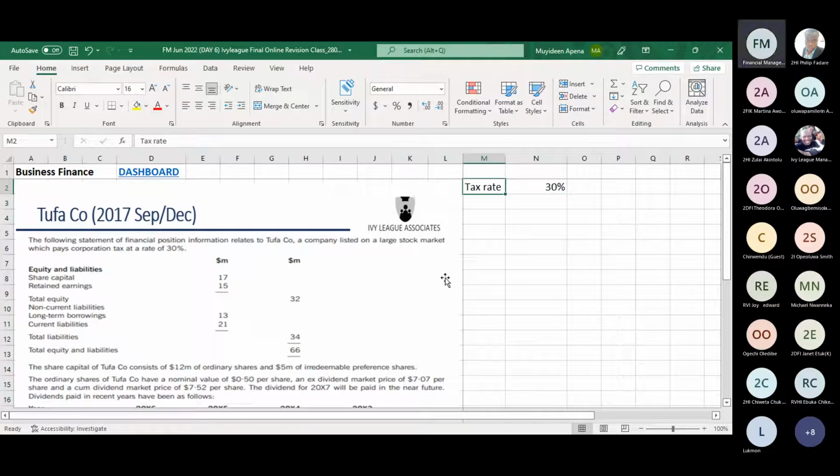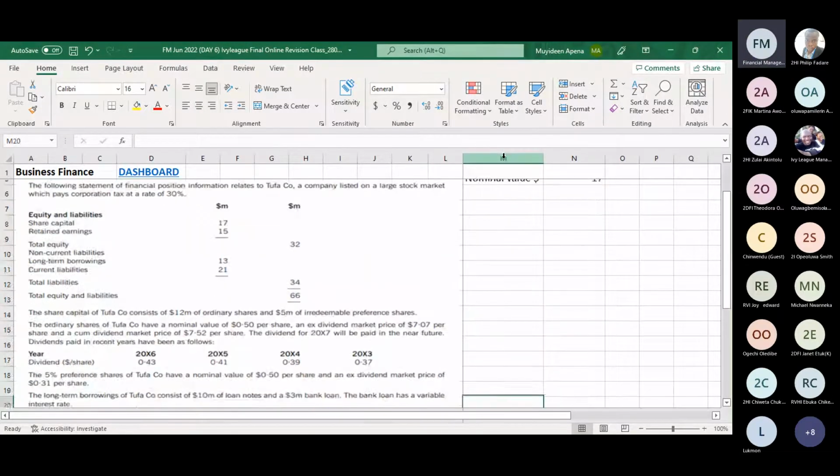Now, we have the information given to us in the book. So for equity, we have the nominal value. In total value, we have how much? 17 million.